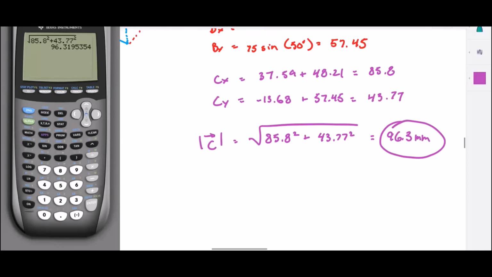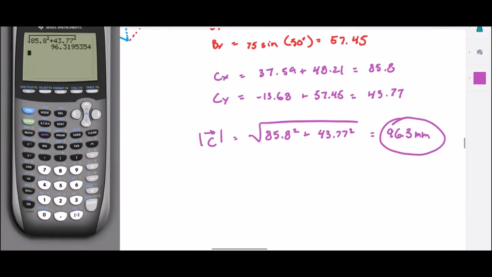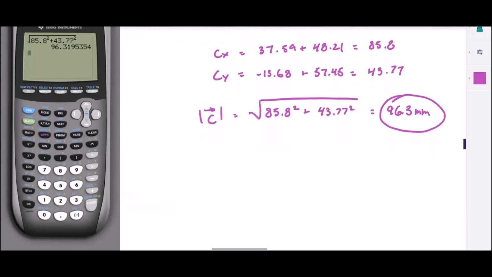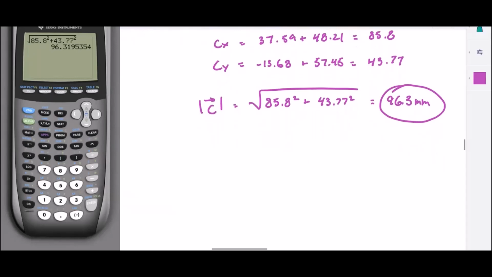And if I want to find the direction, I have x and y, and we know that in trigonometry, tangent uses x and y, or actually it's y over x. So if I want to use the inverse tangent, I'll get the measure in degrees.